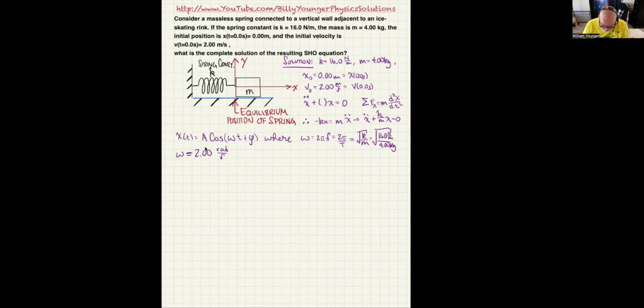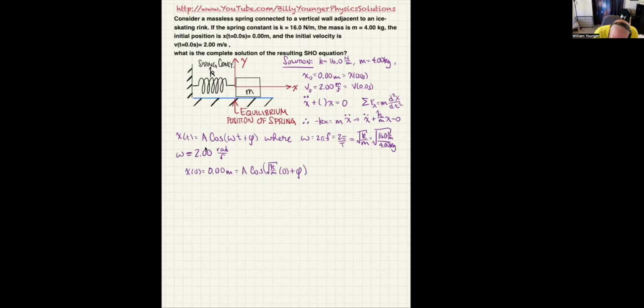Now we're going to use our initial conditions. What we know is x of 0 is equal to 0.00 meters. And we know that x of 0 from the solution is A times the cosine of the square root of k over m, notice I went ahead and substituted what omega was, times t equals 0 plus phi. That's what our initial condition on position gives us.